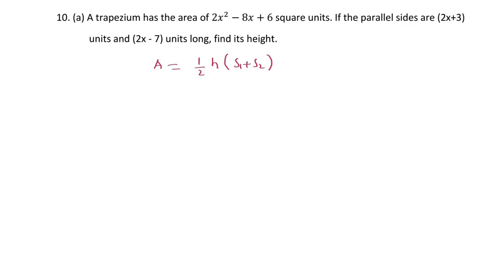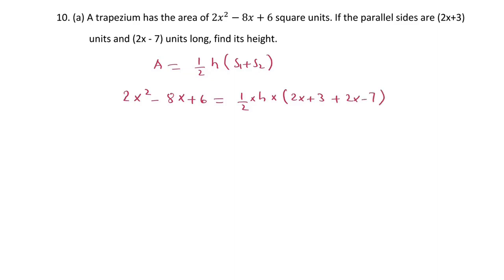Okay, so given the values from our equation, let us now substitute the values. Our equation is going to be 2x squared minus 8x plus 6 equals 1 over 2 times h times in brackets 2x plus 3 plus 2x minus 7.